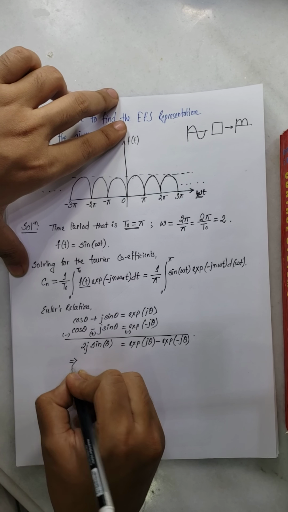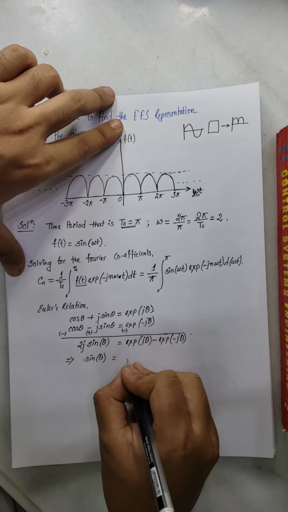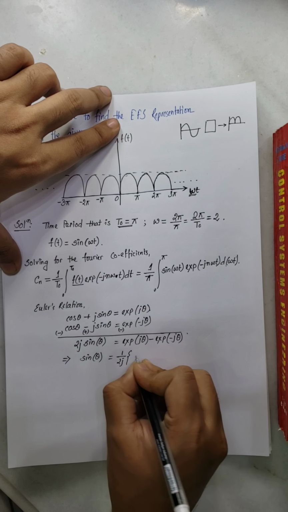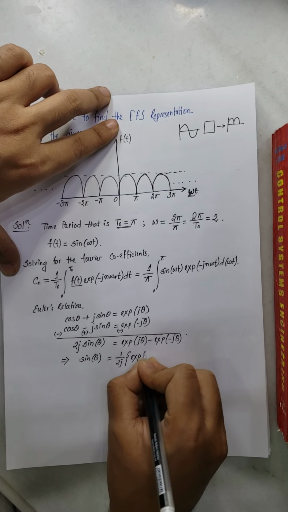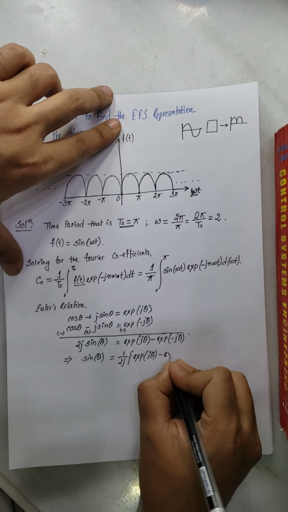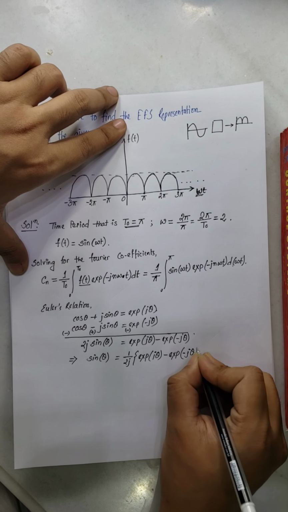And upon simplification, sine of theta becomes 1 over 2j times e to the power j theta minus e to the power minus j theta.